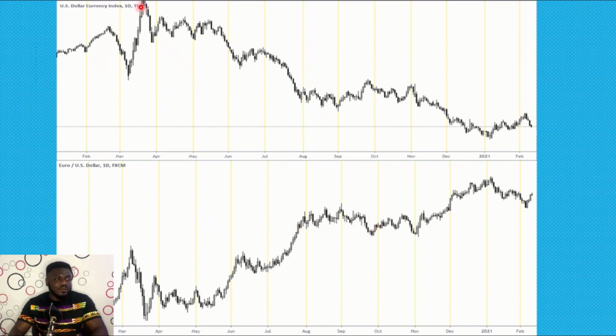We can see that in that period the US dollar index has been in a smooth downtrend. Conversely, the EUR/USD pair has also been on a smooth uptrend. It's as if they mirror each other, and it's as if the correlation is almost 100%, but there is nothing like a 100% correlation.